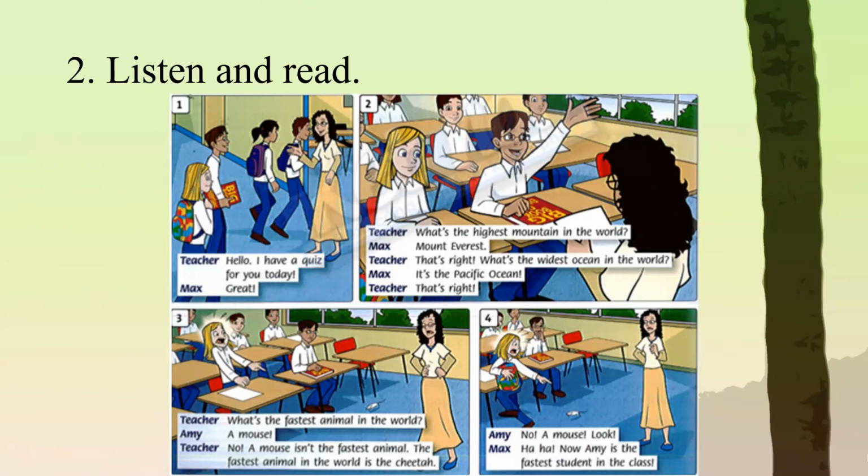What's the fastest animal in the world? A mouse! No, a mouse isn't the fastest animal. The fastest animal in the world is the cheetah. No! A mouse! Look! Now Amy is the fastest student in the class.